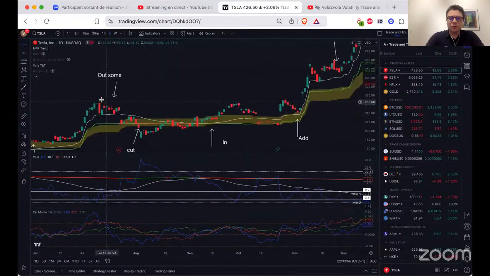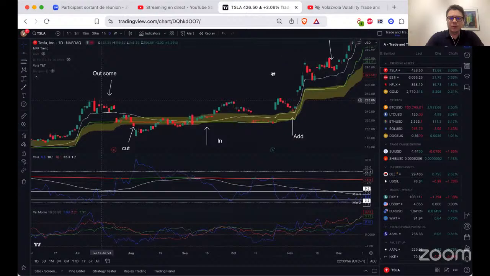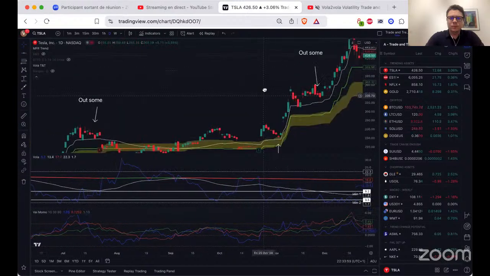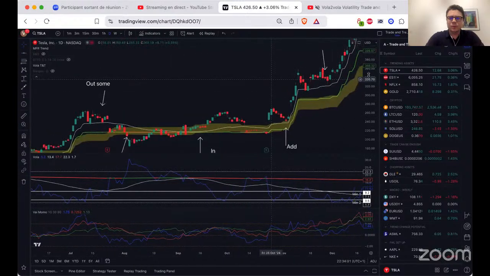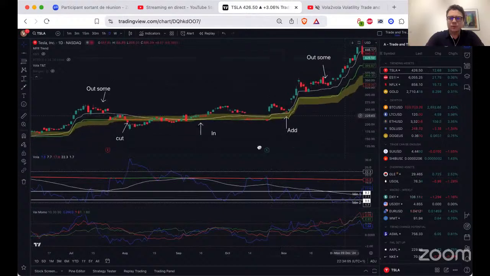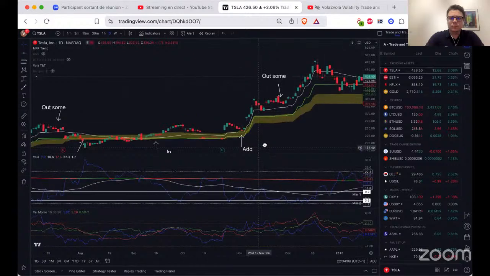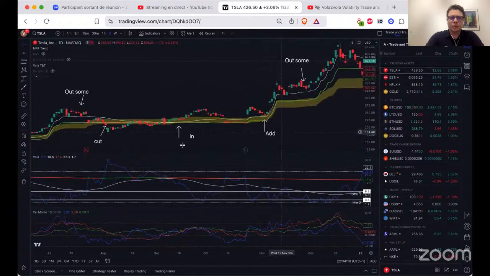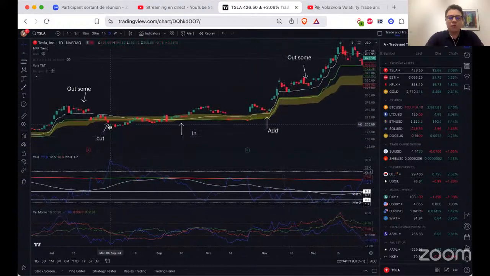Okay, so this is another example here. Let's say you cut the position here because, okay, I have a rising vol. Vol is making a higher high, meaning chop, potentiality of bearish trend.